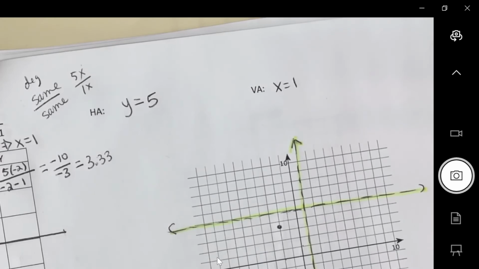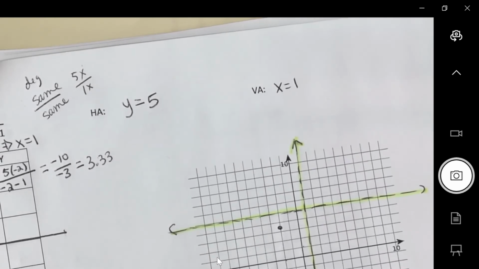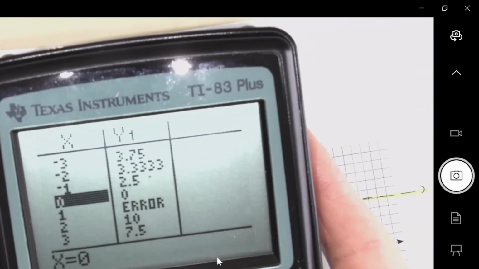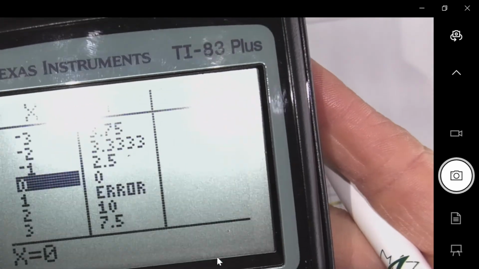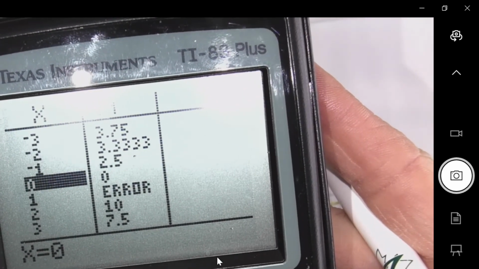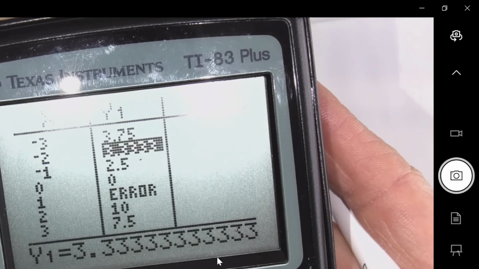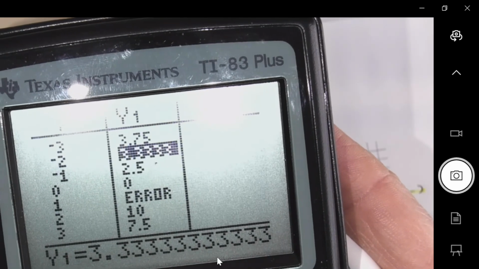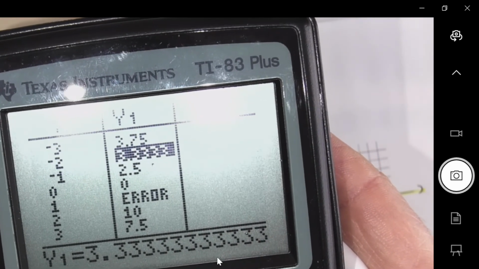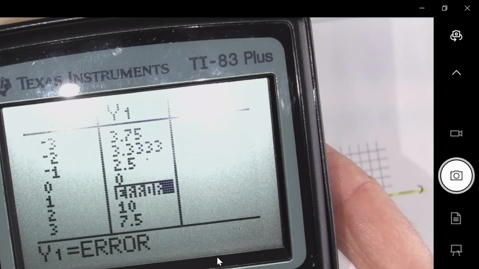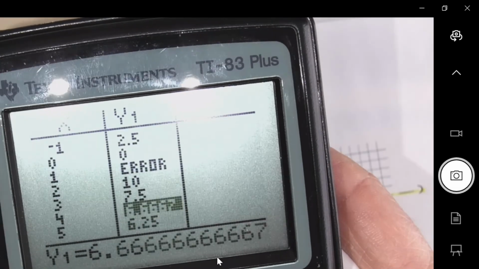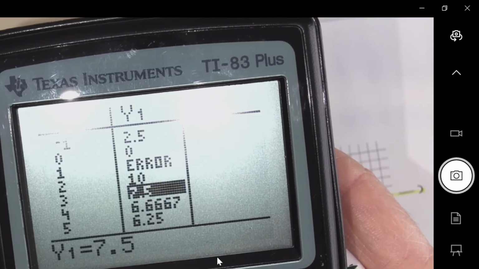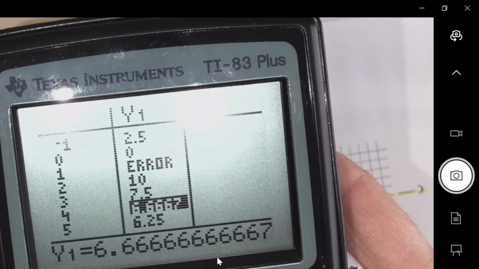And are you okay if we just cheat on the rest? Okay. There's your cheating values. -1 is 2.500. Okay, error. We hit our asymptote. And then I had 10, 7.5, and 6.67.